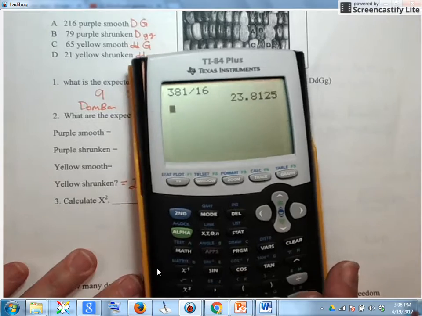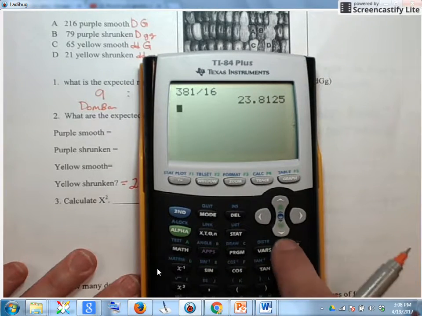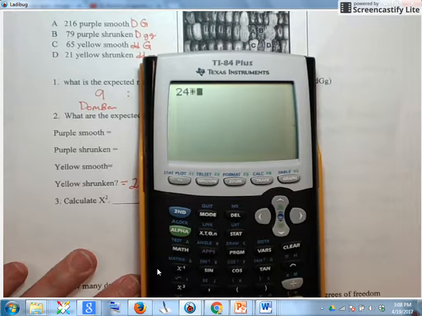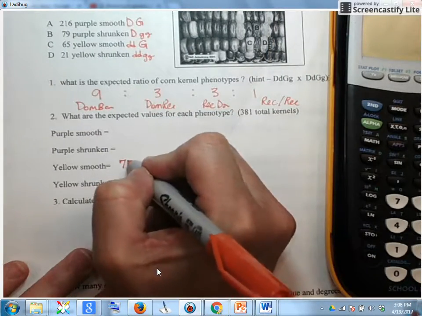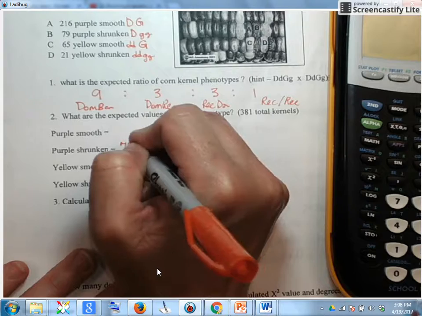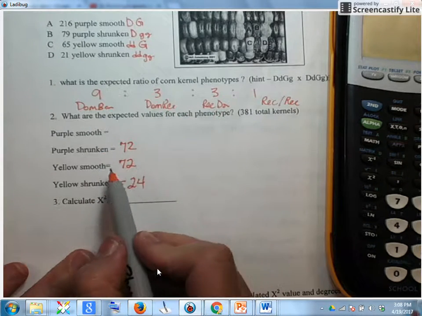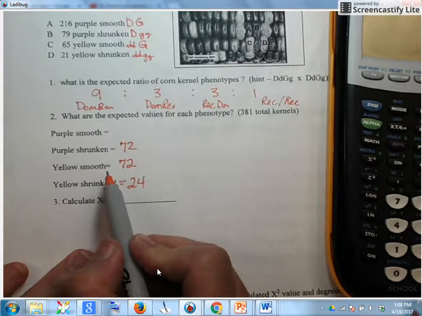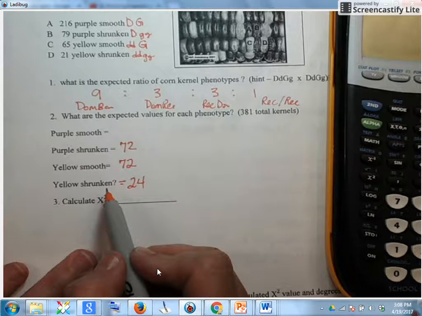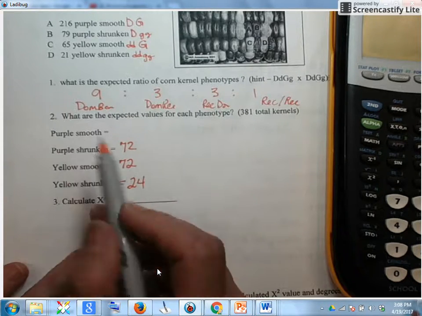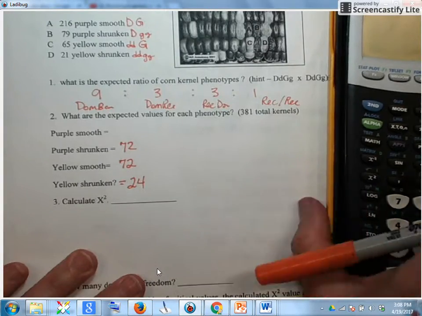Well, how many is 3/16 of that? Well, just take 24 times 3, 72. So we would expect 72 to be purple shrunken and 72 to be yellow smooth. All right, so how many do we expect to be purple smooth? Well, one more time.